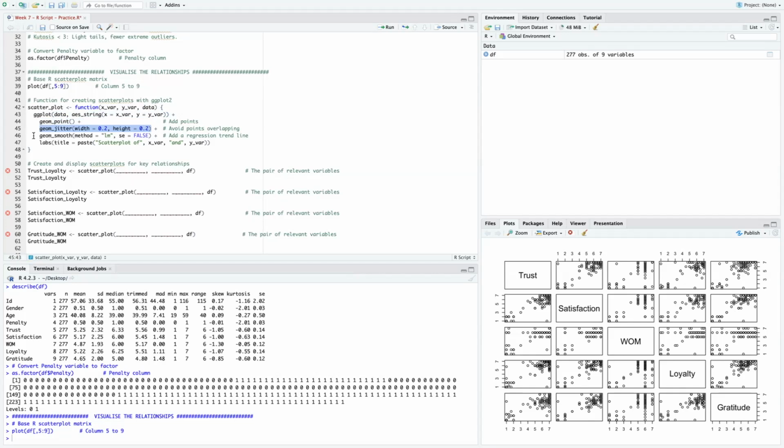Good. The next code will help us to create a potential linear relationship line to represent the potential relationship between two variables. And the last code basically just adds the title for the plot.